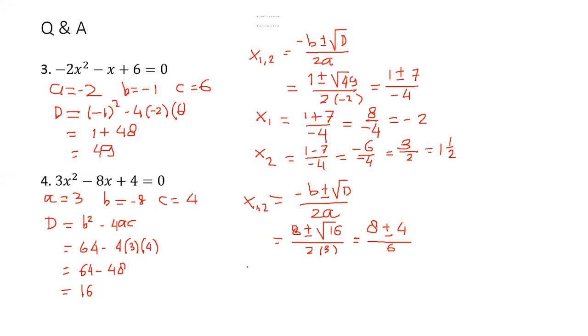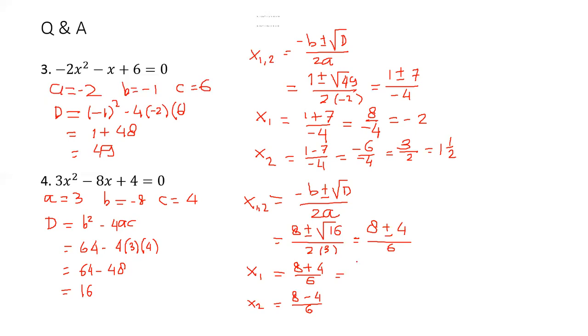Now we're going to find the first x. The first x equals 8 plus 4 over 6, and the second x equals 8 minus 4 over 6.